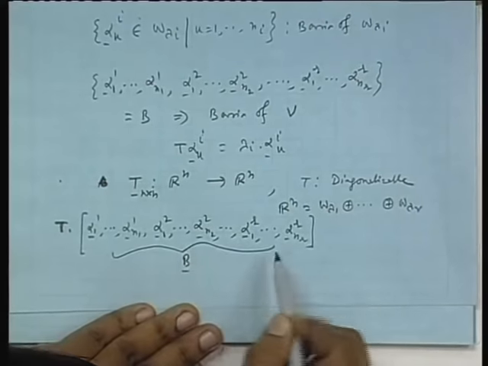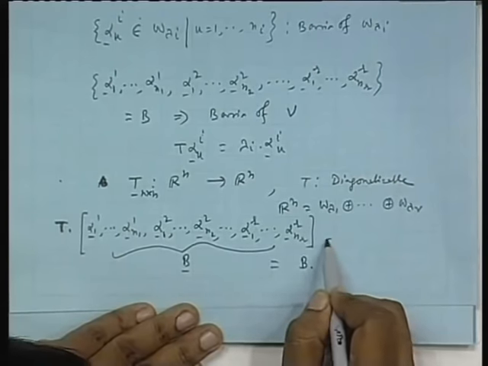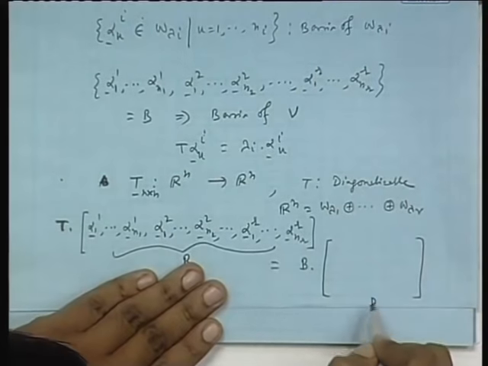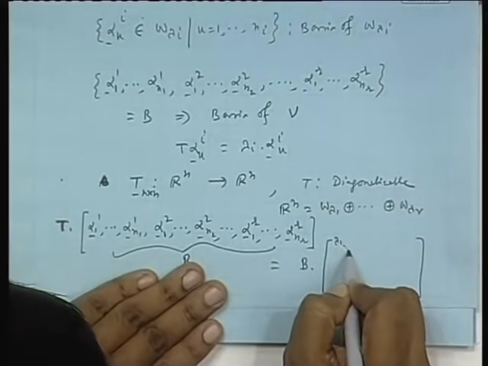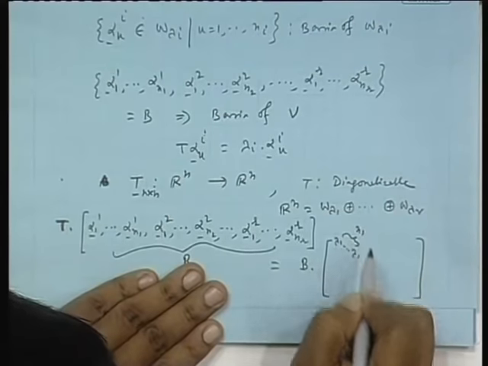that if you call this B, this will be B times a diagonal matrix D, where initially it will be lambda 1 dot dot lambda 1, how many times? n1 times.